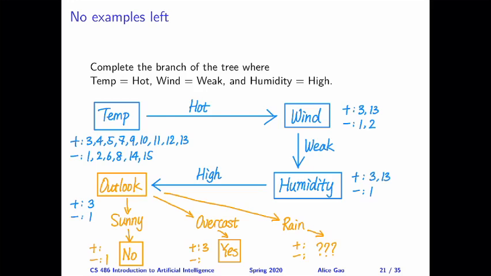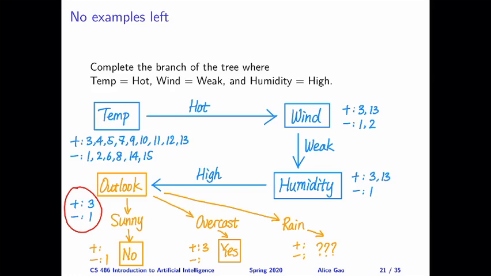So arguably, the closest examples would be those at the parent node, for the case when we did not test Outlook, but we tested all the other three features. So one thing we can do is go up to the parent node. If there are examples there, we can use those examples to make a decision.